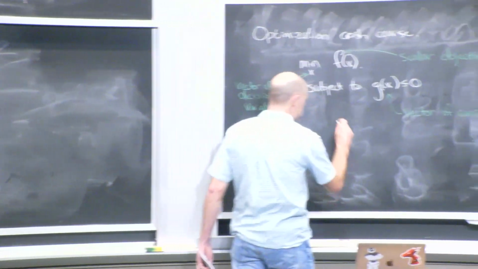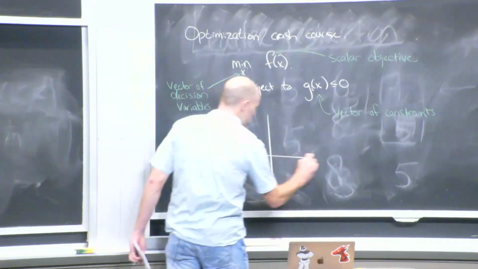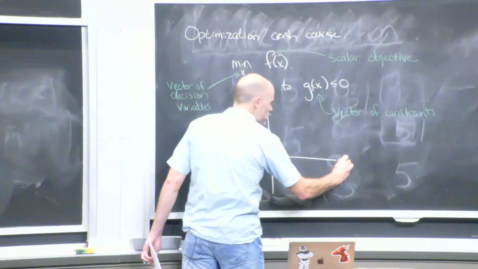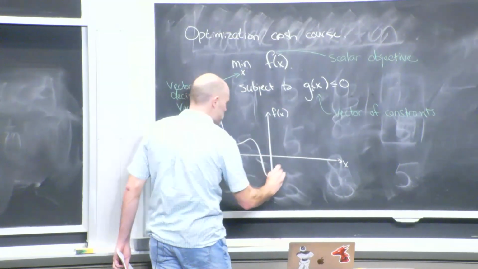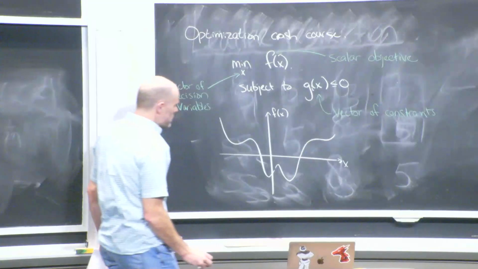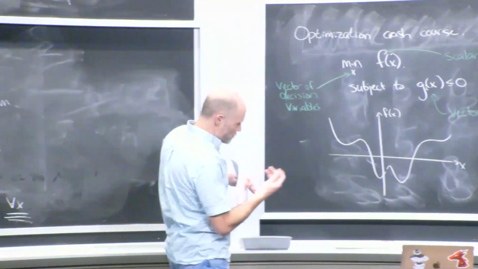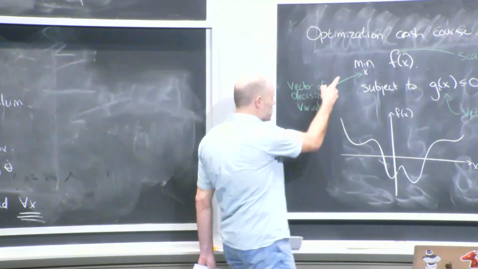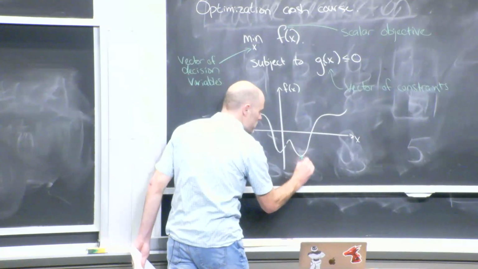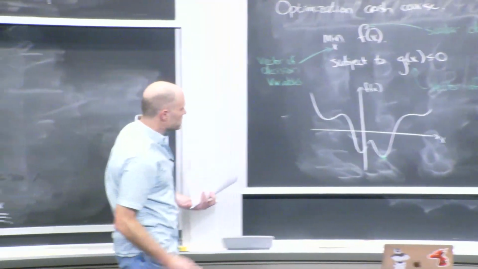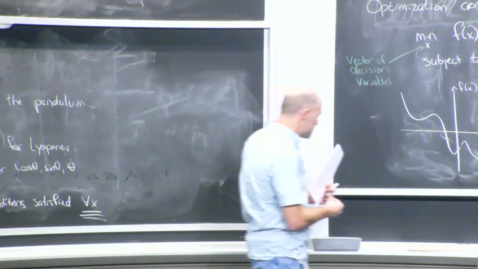You can have very complicated functions f, we could do all kinds of interesting things. And if I'm trying to find the minimum value of x, let's say down here would be the unconstrained minimum.